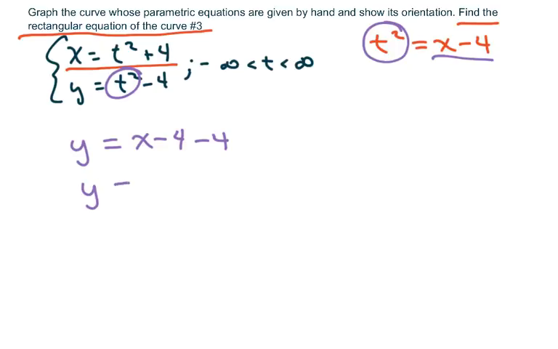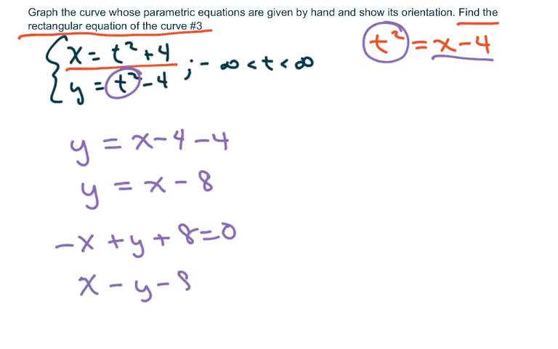So it's y equals x minus 8. If you want to put it in standard form, you could do that. You get negative x plus y plus 8 equals 0, and then negate everything, so you get x minus y minus 8 equals 0. But let's just leave it that way.